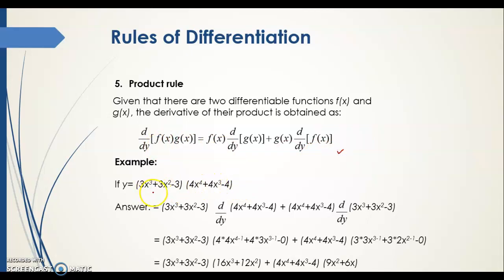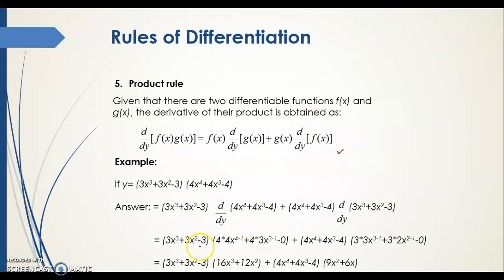So suppose this is the question: y is given as a product of two functions, this is f(x), this is g(x), and you have to find the derivative of y with respect to x. How will you solve it? First function as it is, differentiation of the second function, plus second function as it is, differentiation of the first function.